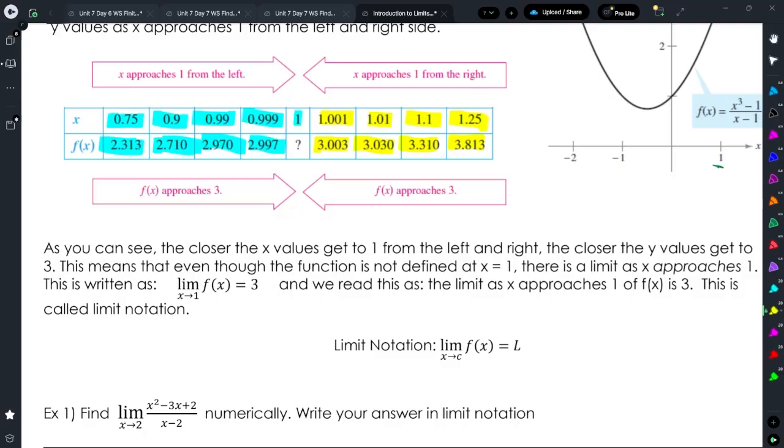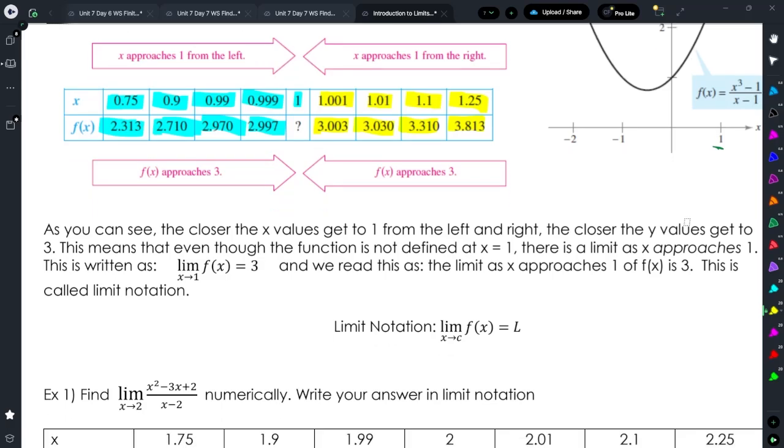Even though the function is not defined at x equals 1, because that gives us 0 in the denominator, there is a limit as x approaches 1, and it reads as the limit as x approaches 1 of f of x is 3.